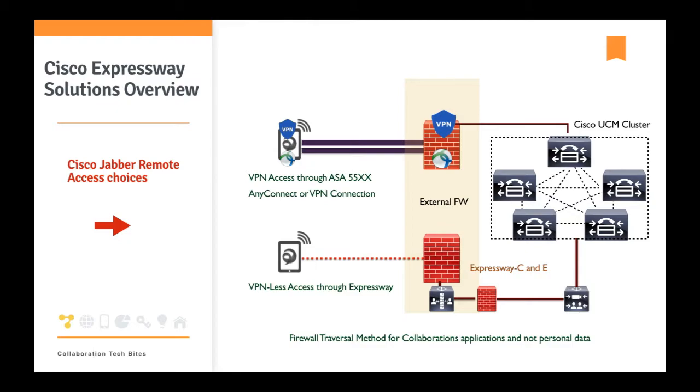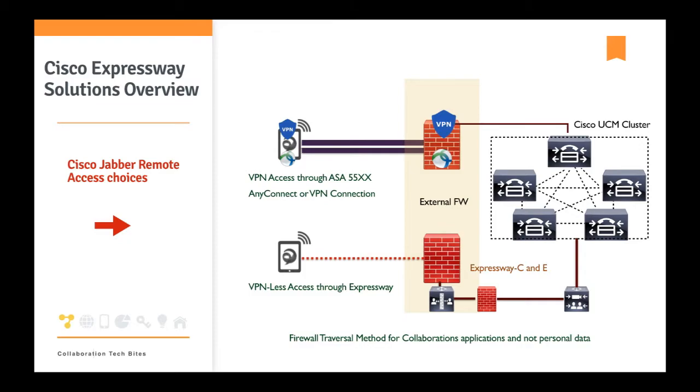Before Expressway, we used to have an AnyConnect or any VPN cloud, let's say Junos as well, or AnyConnect from Cisco, and terminate this VPN on the firewall and have internal IP addresses, and tunnel all the devices through this VPN. So the Cisco Jabber will be able to register or reach Cisco Unified Communication Manager, IM and Presence, Unity Connection, etc., to retrieve or to register the telephony service on top of that.